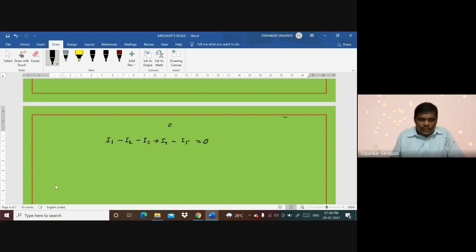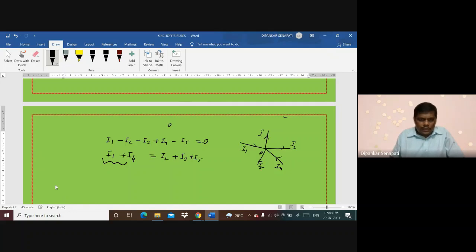Here we can write, just rearranging, I1 plus I4 is equal to I2 plus I3 plus I5. These currents are incoming currents which are meeting the point P, I1 and I4. And this current, that is I2, they're leaving the point P, therefore they are outgoing currents.